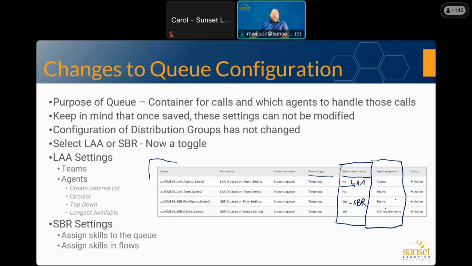We like acronyms, probably way too much. If you're using LAA, you can assign agents to that queue either directly by using a direct named list of agents, which I'll talk more about in a moment, or you can use the call distribution groups.